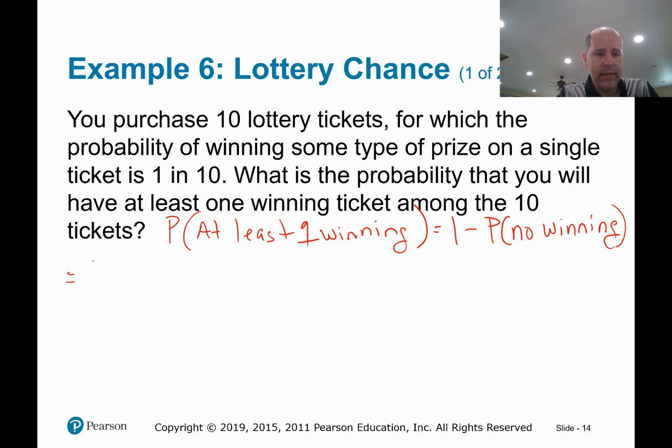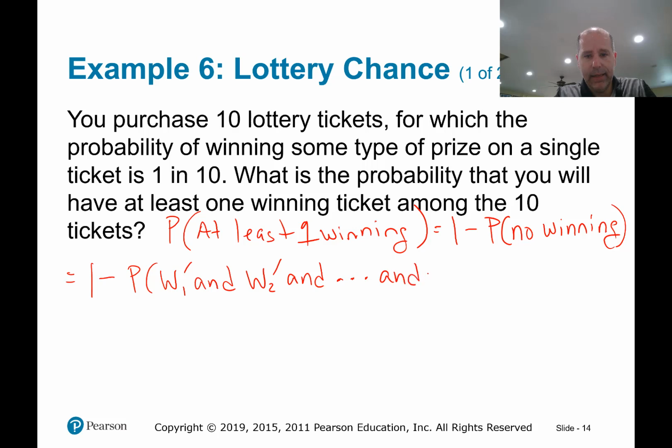So the way we'd write that is 1 minus the probability that the first ticket is not a winner and the second ticket is not a winner, and let's just dot, dot, dot, and all the way to the 10th ticket is not a winner.